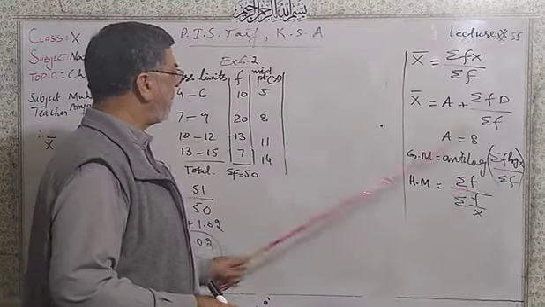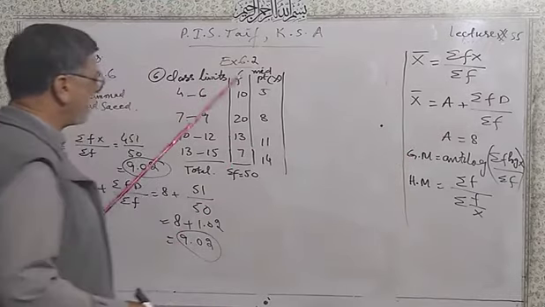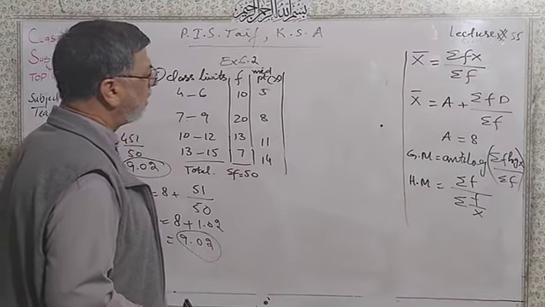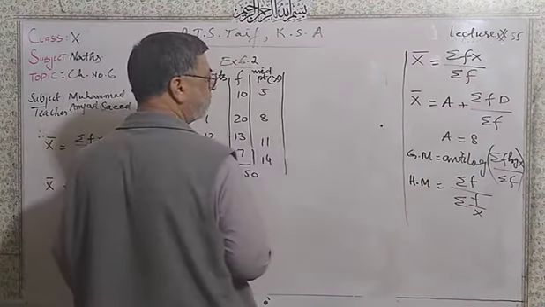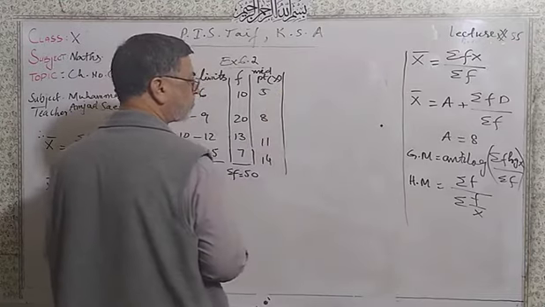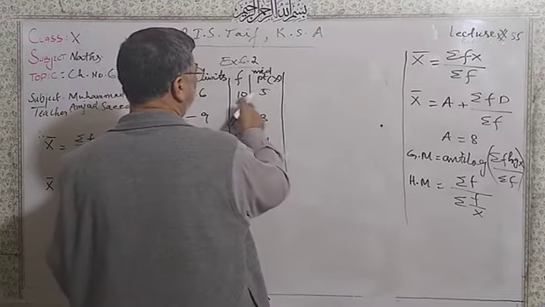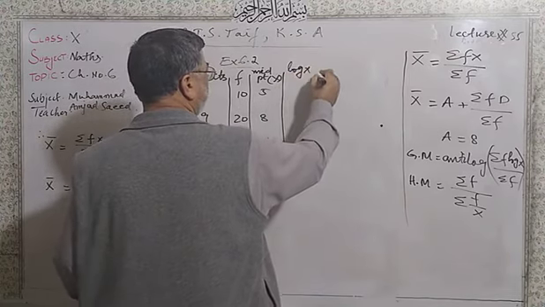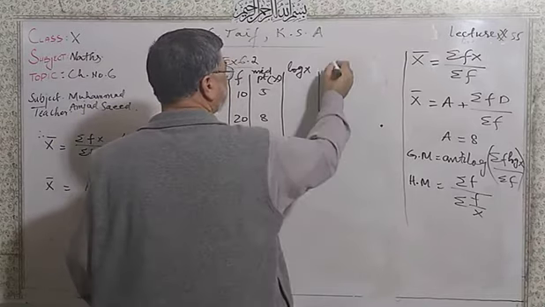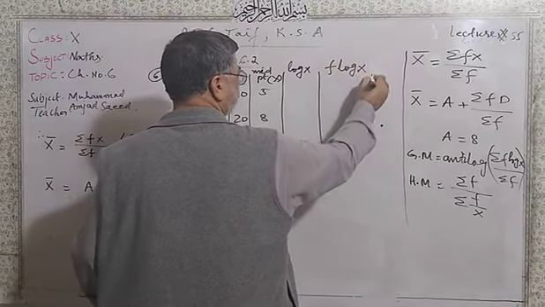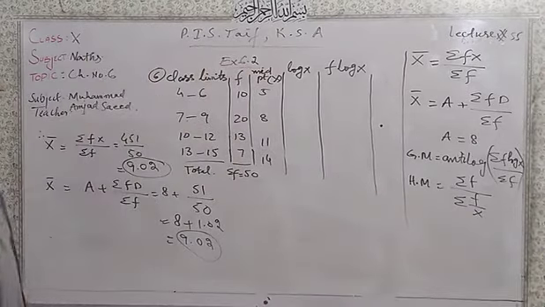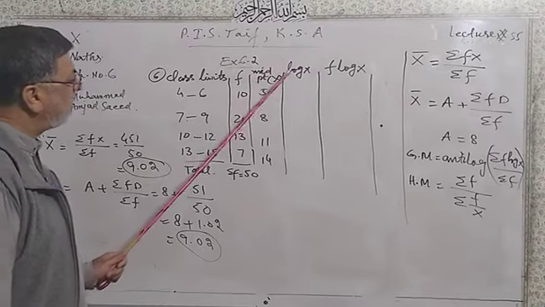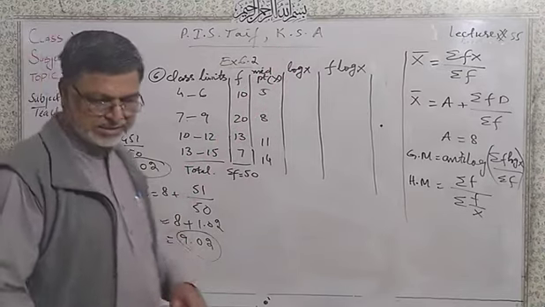You need sigma F. Yes, this is sigma F. You need F log X. First of all, you will have log X into F log X. First you make the column of log X. Next column is F log X.